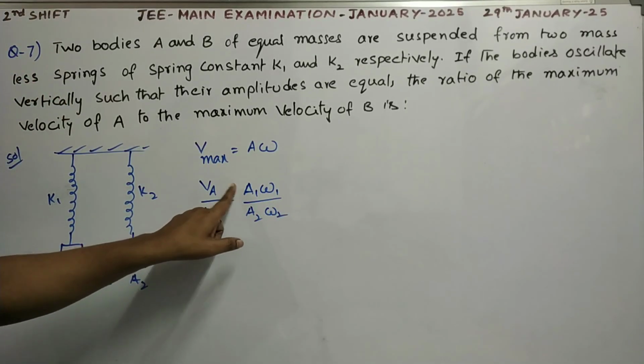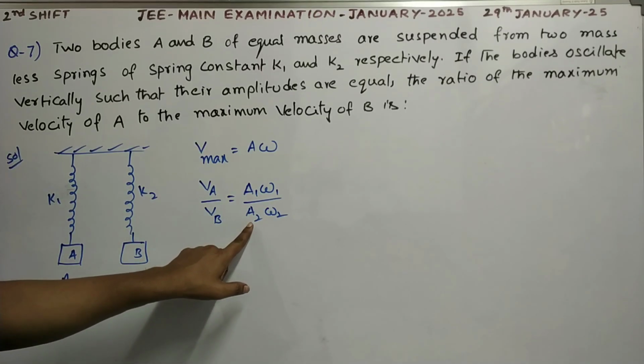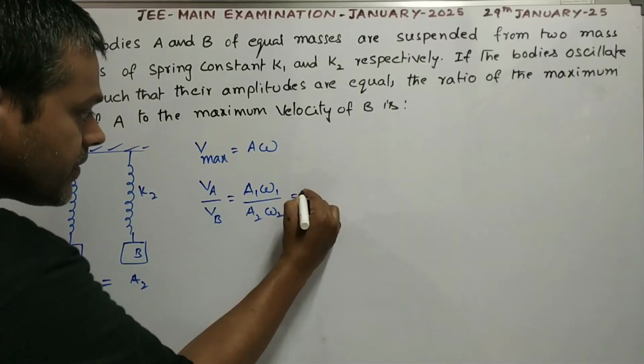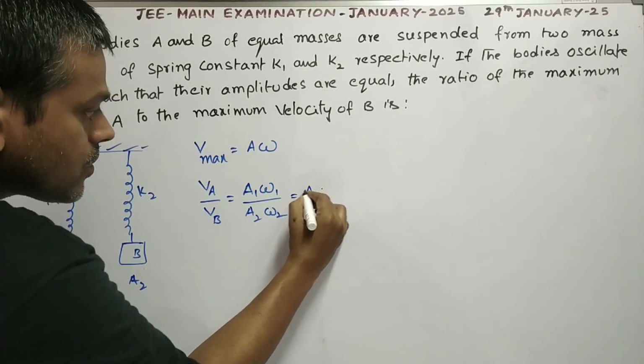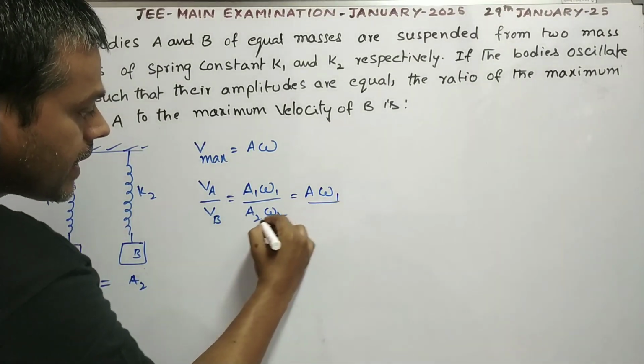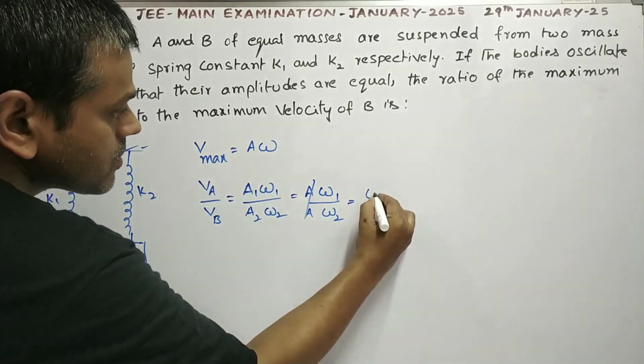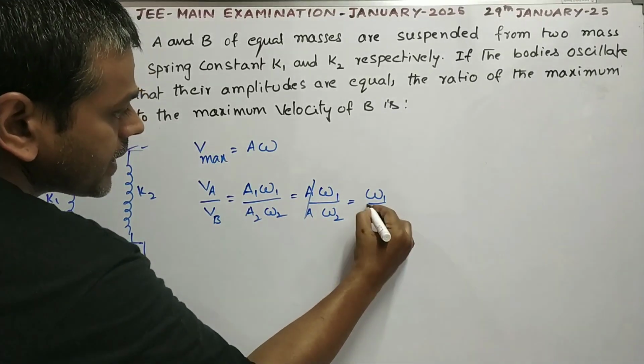A1 is the amplitude of the first spring. A2 is the amplitude of the second spring. But both are same. So according to the given, A1 is equal to A, omega 1 by A2 is also A into omega 2. Both are cancelled, which is equal to omega 1 by omega 2.